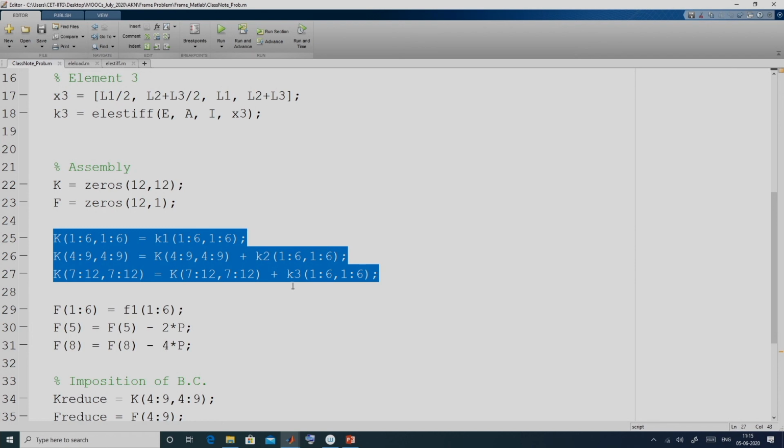Similarly for K3, the global address are 7 to 12.